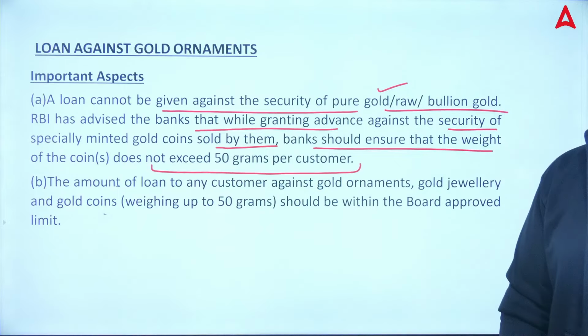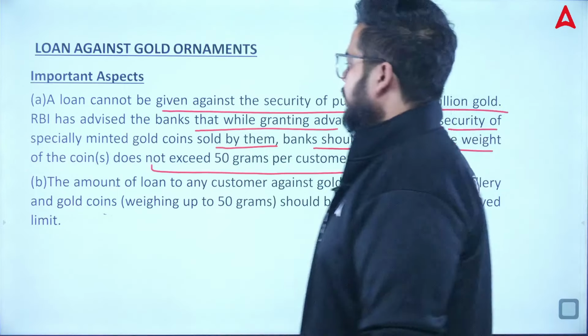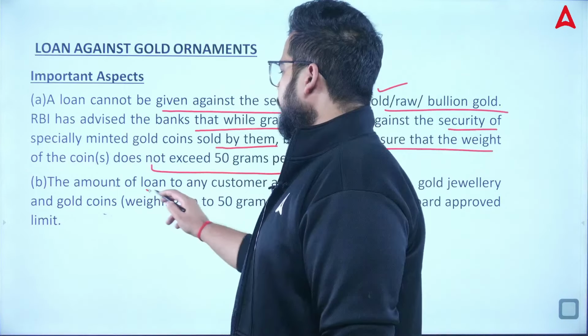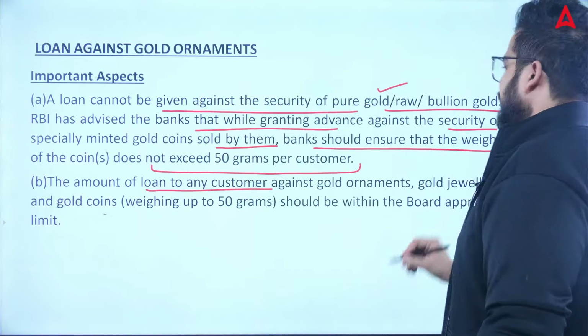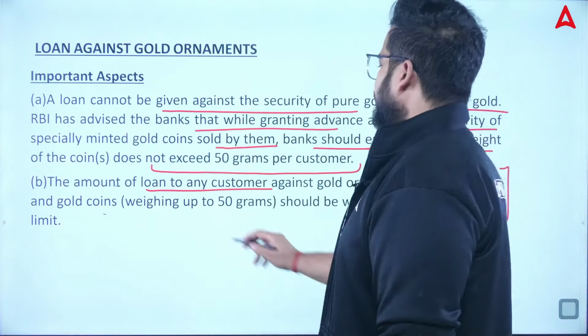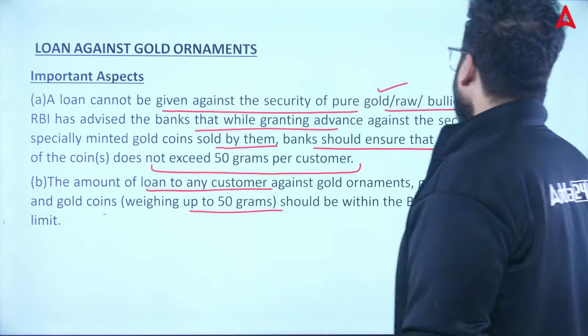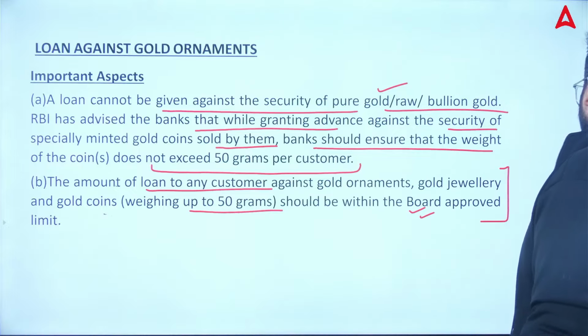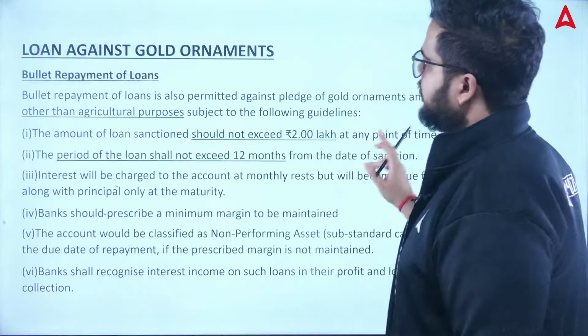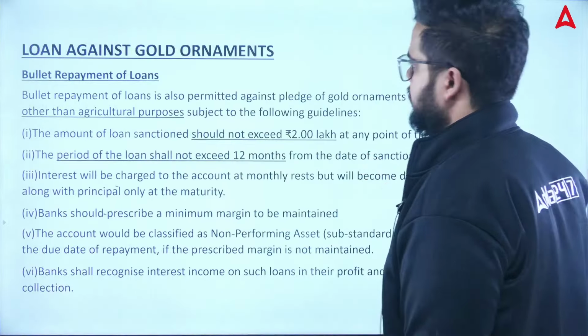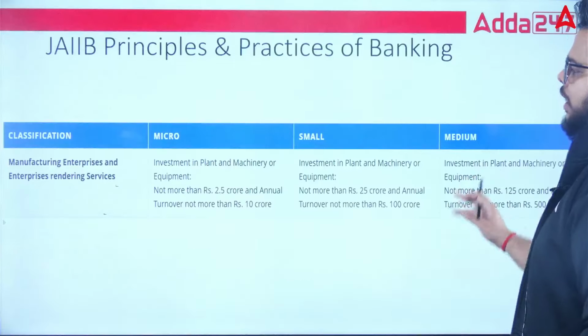That is the maximum weight prescribed by the RBI. The amount of loan to any customer against gold ornaments, gold jewelry, gold coins weighing up to 50 grams should be within the board approved limits. Then we have the bullet repayment of 12 months that we have seen. The amount should not exceed 2 lakh.